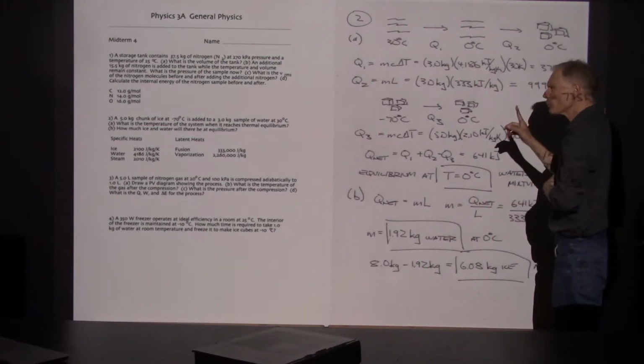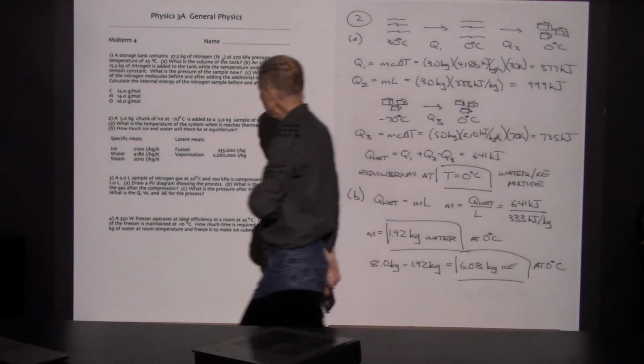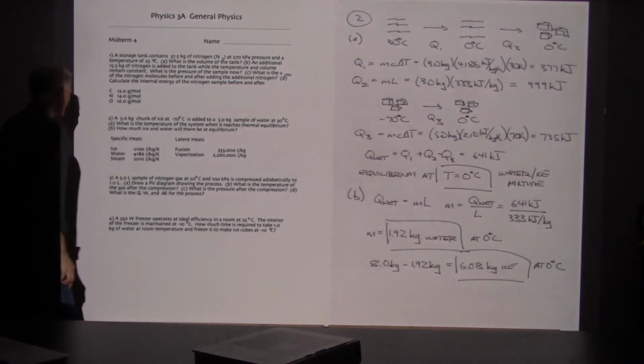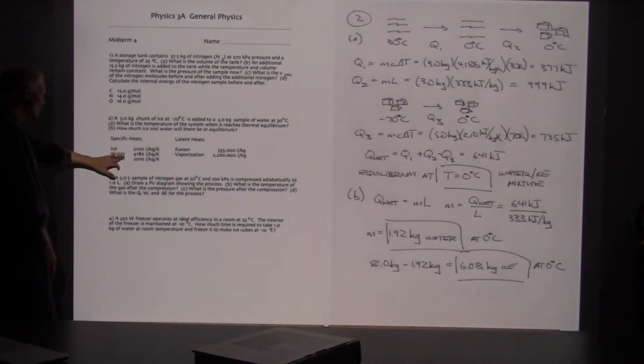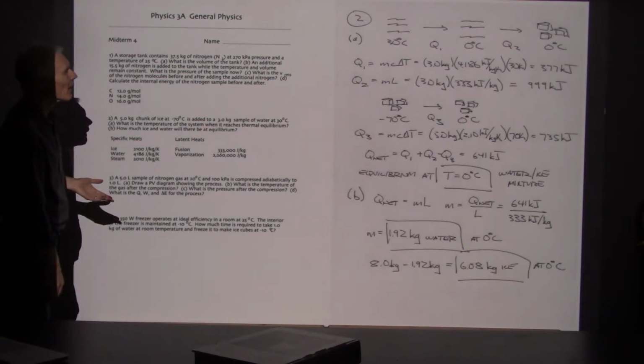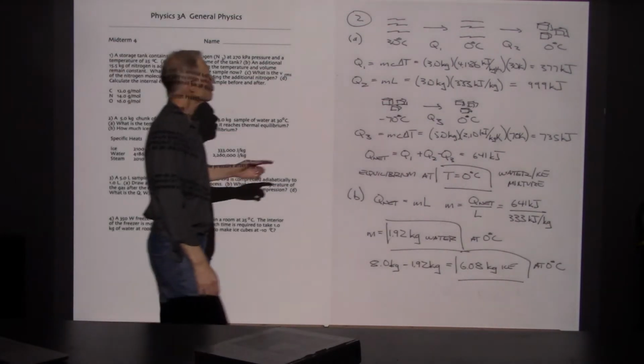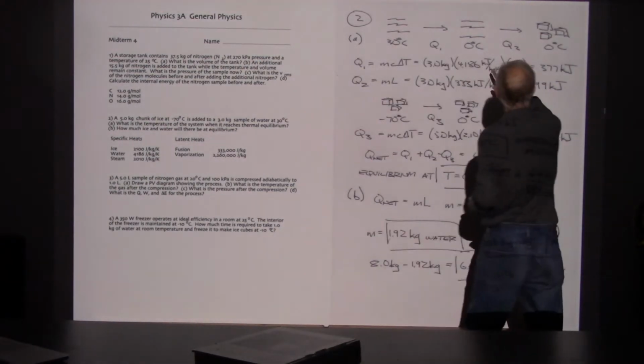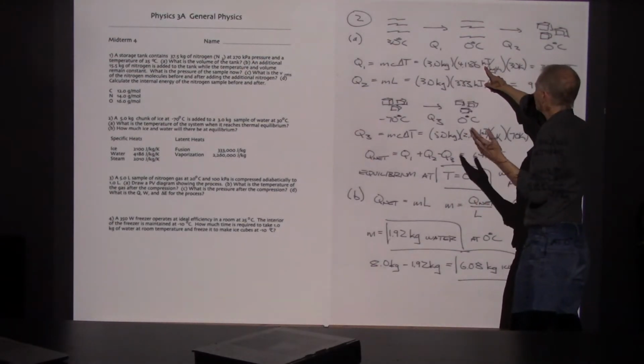Now, I got to be careful with this too. So let's take a look. The specific heat of water is in joules per kilogram per Kelvin. Now, I could have left it that way. I didn't. I converted it into kilojoules for whatever reason.